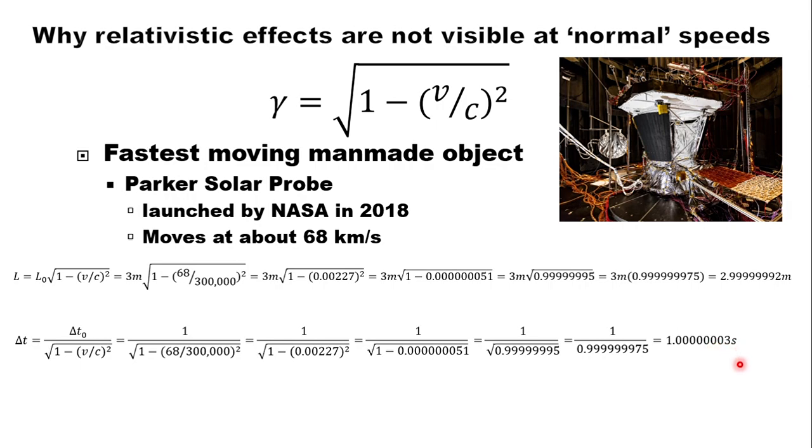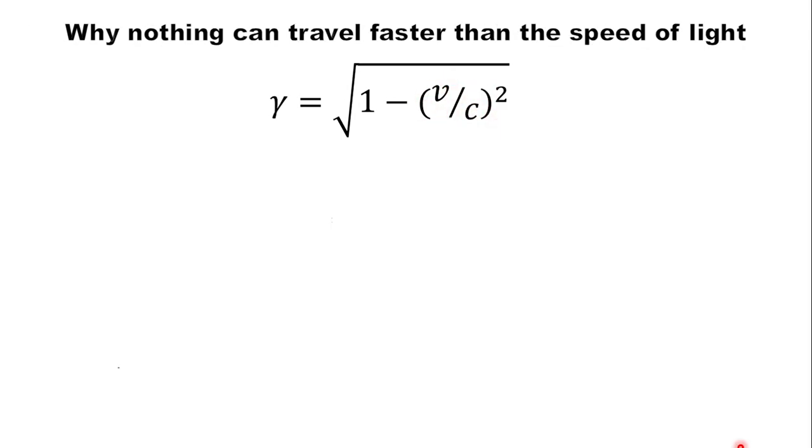Again, a dilation of 3/100 millionths of a second. Nothing we're ever going to notice at our ordinary speeds that we're used to. These relativistic effects only become noticeable near the speed of light, when this fraction is going to be close to 1. So let's look at that.